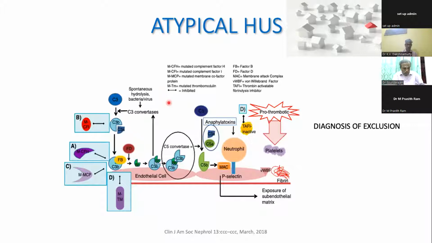The regulator proteins are CFH, CFI, MCP, and thrombomodulin. Usually, these molecules are present in both membranous and fluid phase. Atypical HUS occurs in abnormalities related to the membranous phase of these regulators. And it can also be because of gain of function mutations of the promoter proteins.